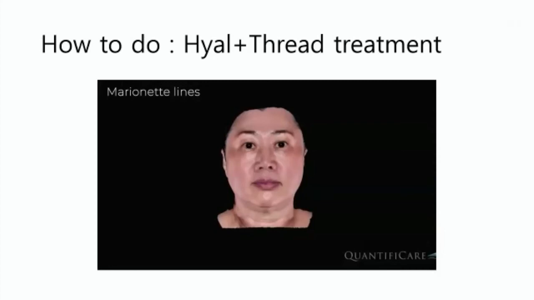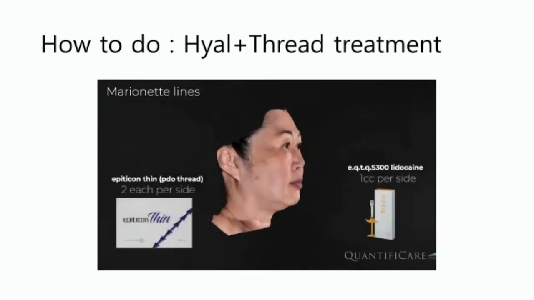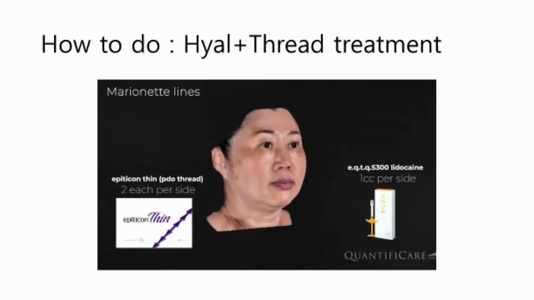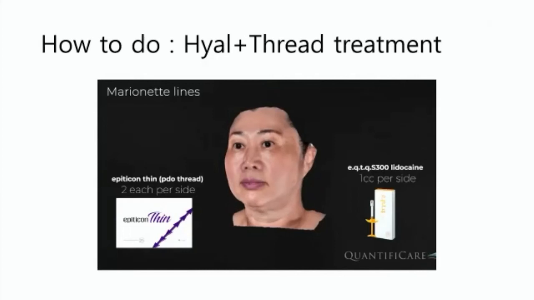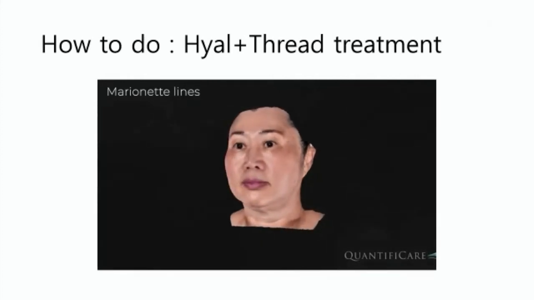So this video clip shows how to do the hybrid thread lines. Please show these video clips. This slide shows the patient before the treatment. I use two kinds of materials, Epiticon and Epitic 300, including lidocaine.